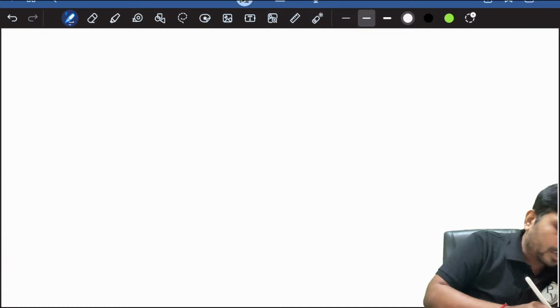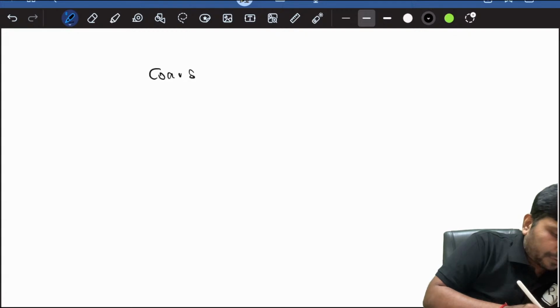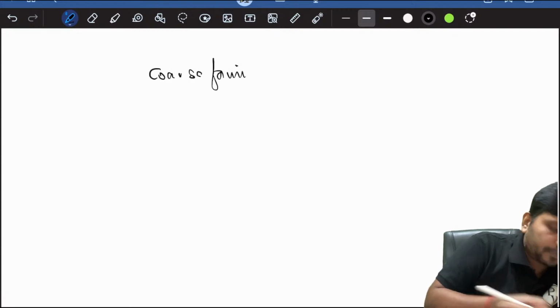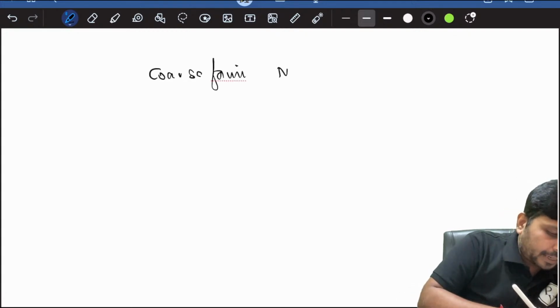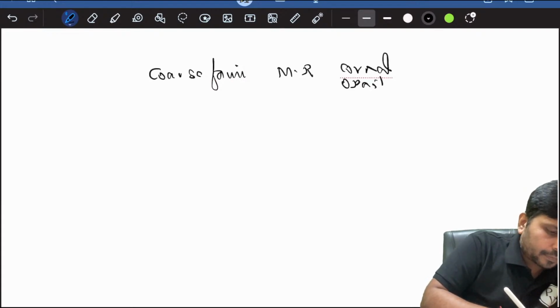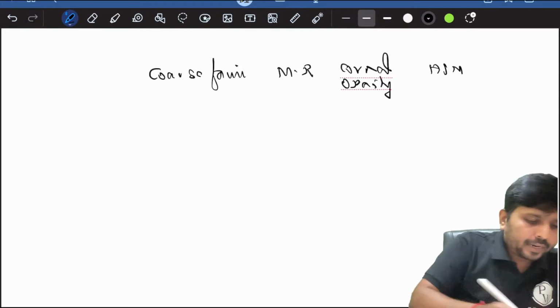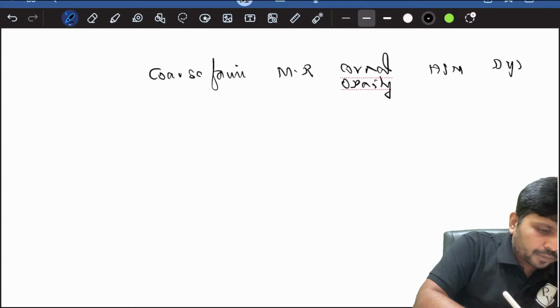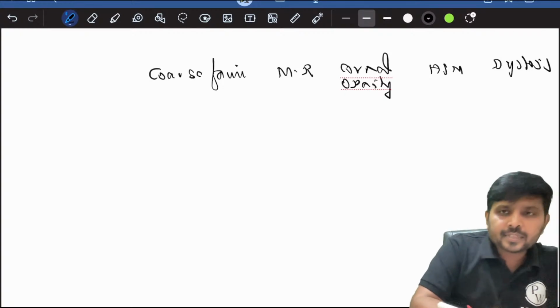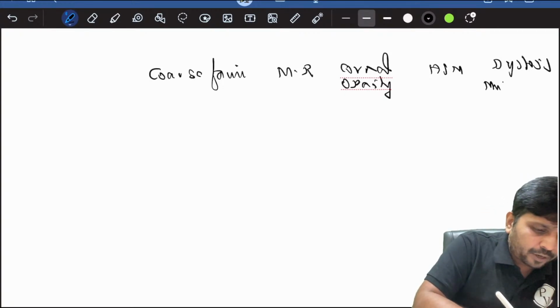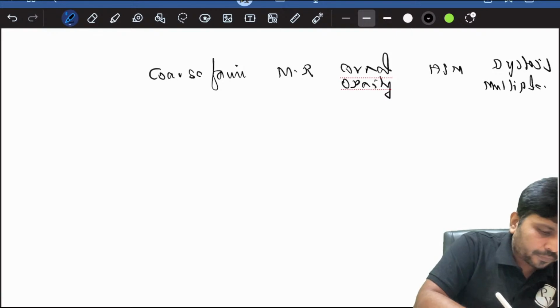Let me write: coarse faces, and then mental retardation, corneal opacity, and then hepatosplenomegaly, and then dysostosis multiplex. That is skeletal dysplasia, spine abnormalities.